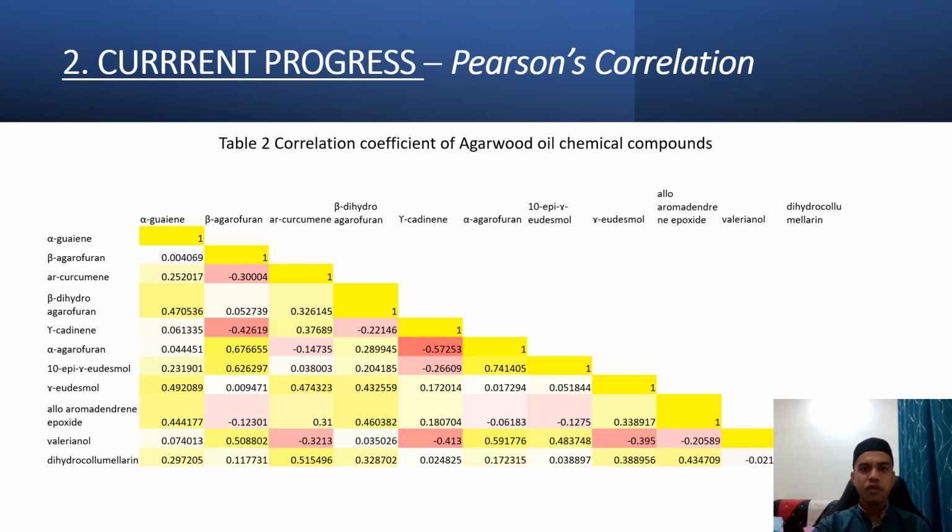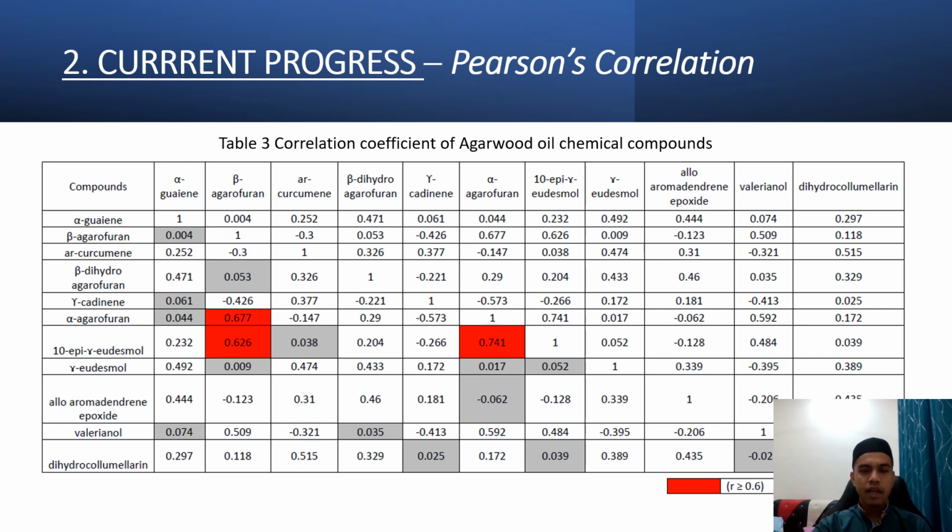From this Table 2, the correlation coefficients of agarwood oil chemical compounds, the pink color is negative 0.3, which is a low correlation coefficient, and the red color is a correlation coefficient above 0.6.